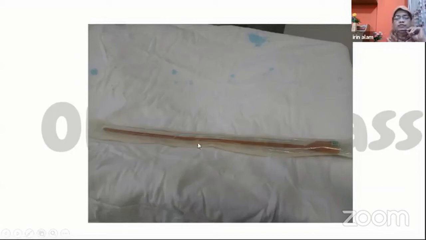In case of abdominal hysterectomy, we usually keep this catheter for 24 hours. In case of vaginal hysterectomy, this catheter can be kept for 24 hours to 5 days. Some examiners want to keep this catheter for 3 to 5 days. This is actually according to the surgeon's choice.